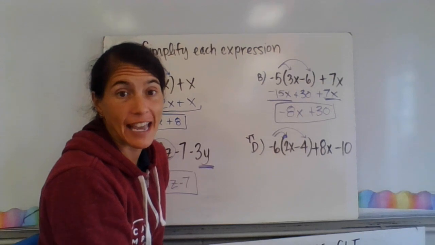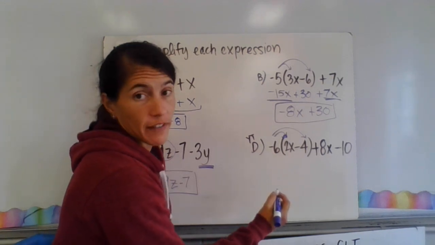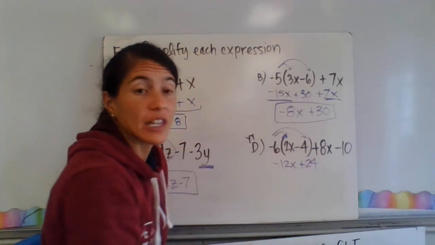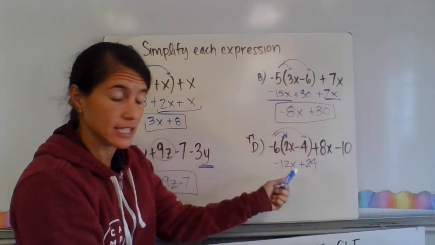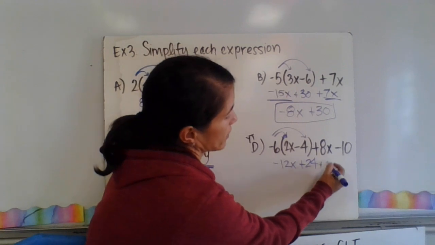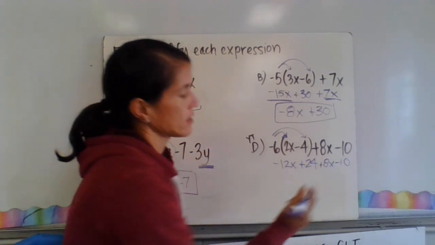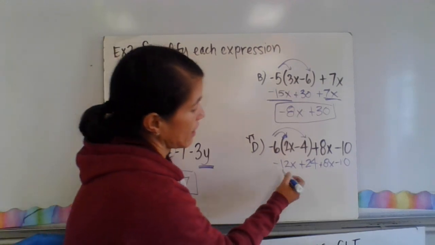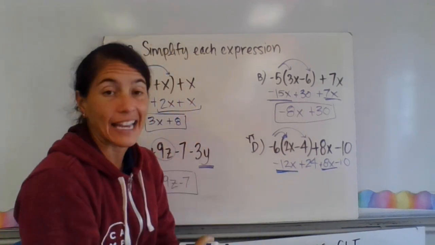So I'm going to distribute the negative 6, and I'm going to get negative 12x plus 24, because negative 6 times negative 4. Then I'm going to bring down everything else. Now I'm going to see what I can combine. So I have negative 12 and 8.